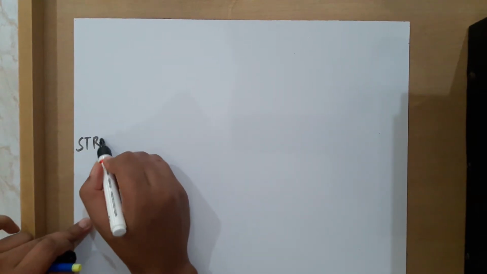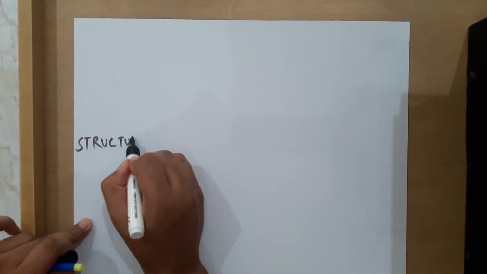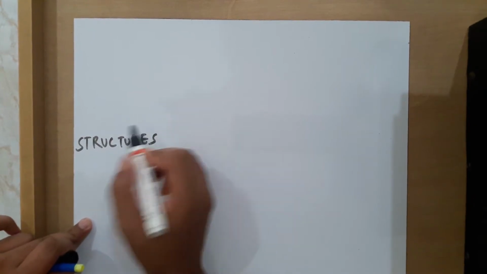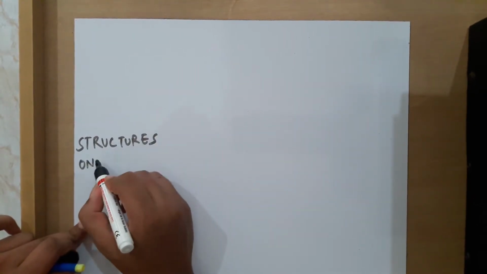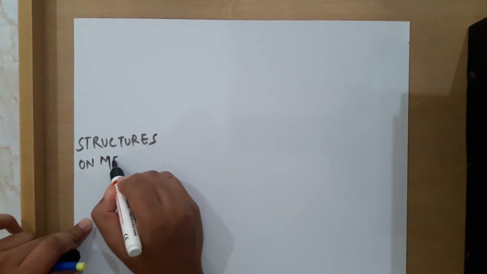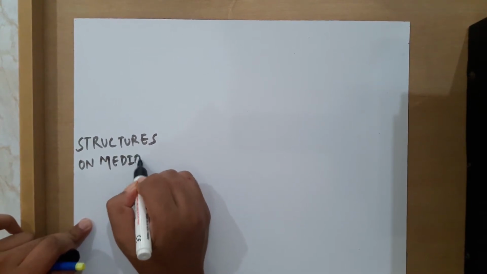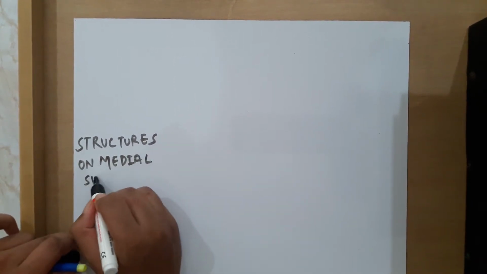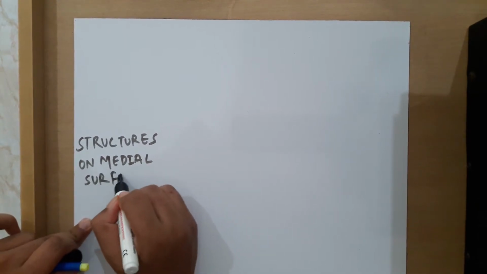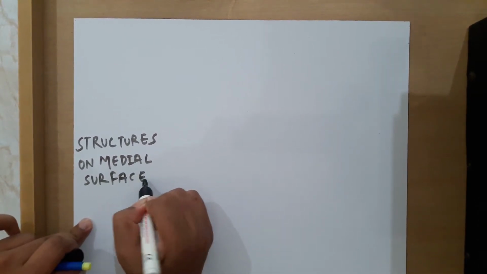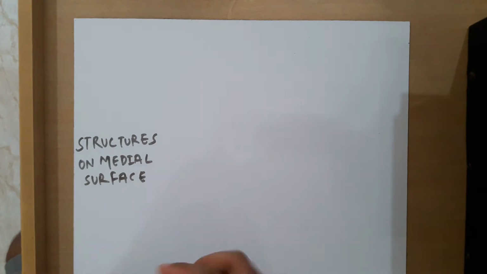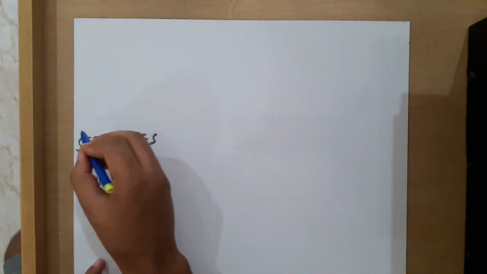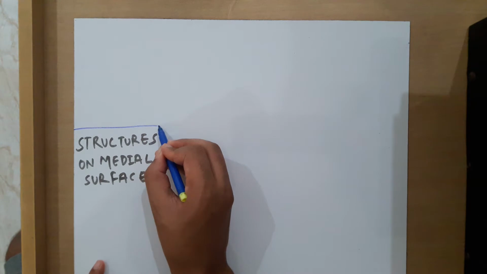Structures on medial surface. Okay, so the first one is corpus callosum. In this video we will just give an introduction about corpus callosum.